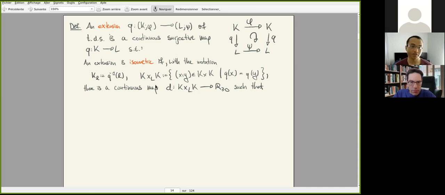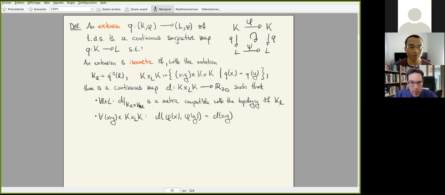And then we want that there's a continuous map on this fiber product to the positive real numbers such that, if I restrict it to a specific fiber, then it is a metric compatible with the topology on this fiber. And it is supposed to satisfy, again, the obvious invariance property.